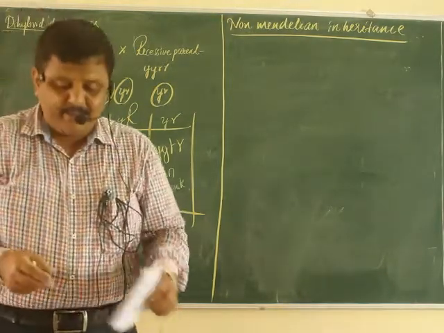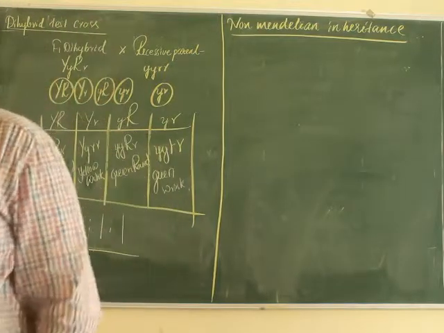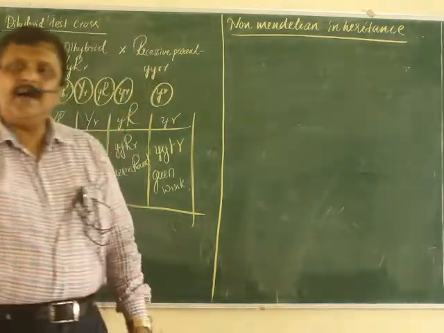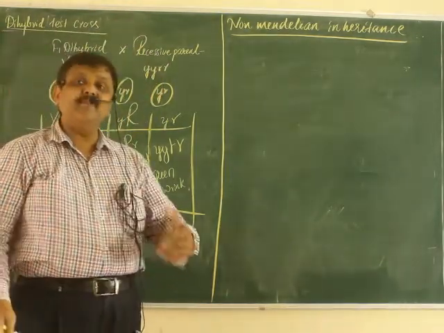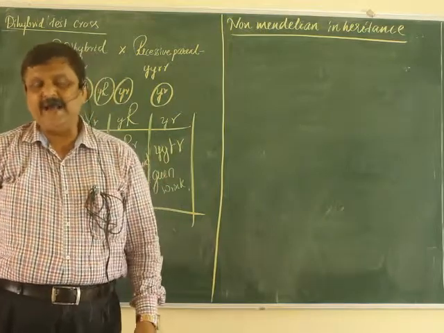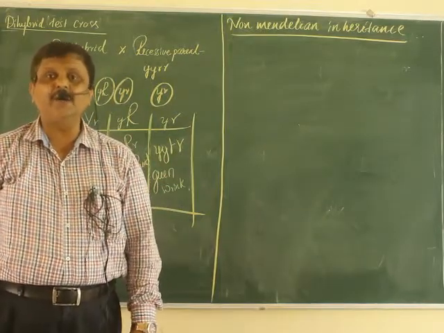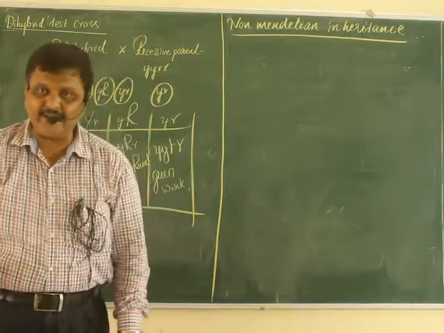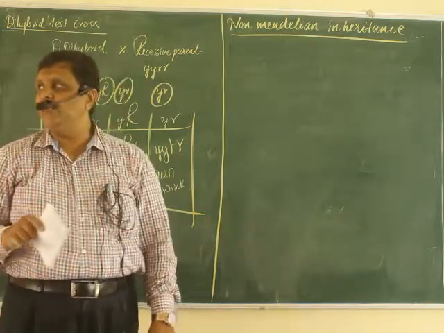Then a lot of people started studying this concept, but they were unable to get the same result as Mendel, that is 1:2:1 ratio, 9:3:3:1 ratio, 1:1:1:1 ratio.